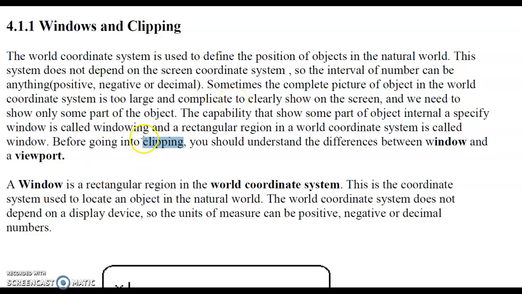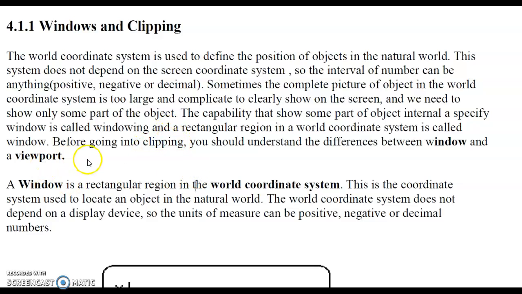This blue box has its own coordinates: this is the x coordinate, this is the y coordinate. This coordinate of the window is known as the world coordinate system. So a window is a rectangular region in the world coordinate system. If I mark this clipping, you can see a rectangular region surrounding this clipping, right? So this is the window.